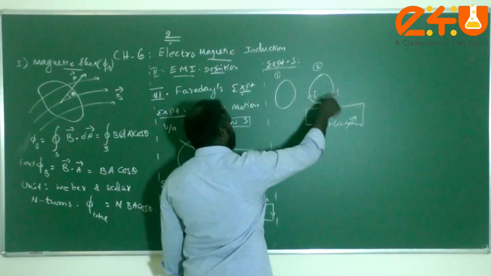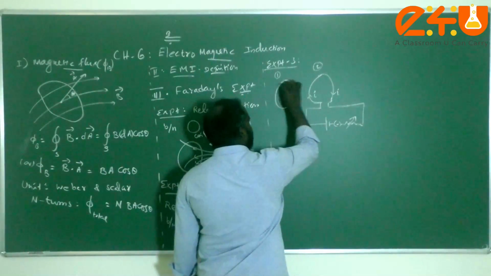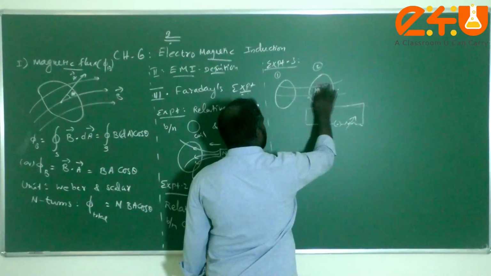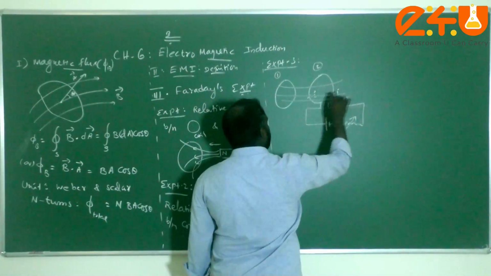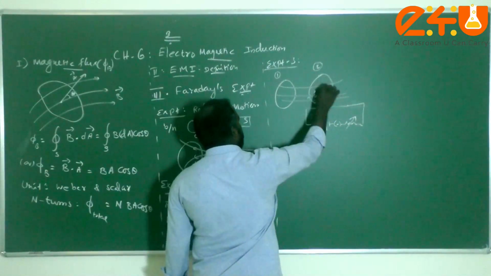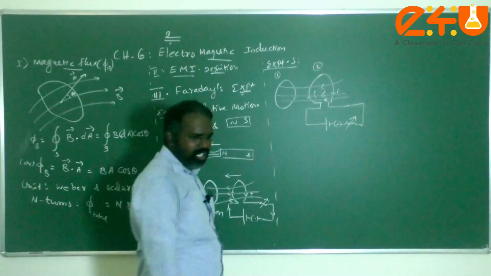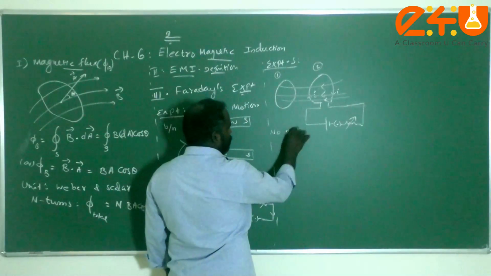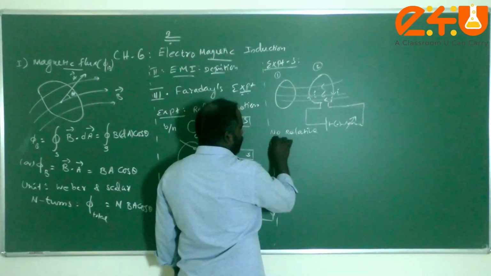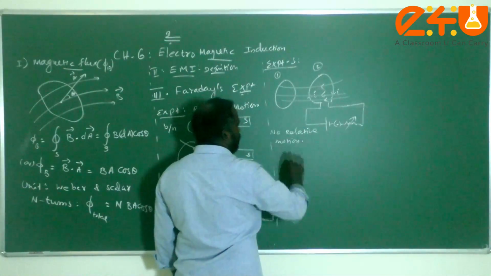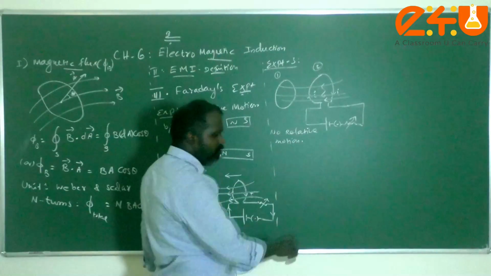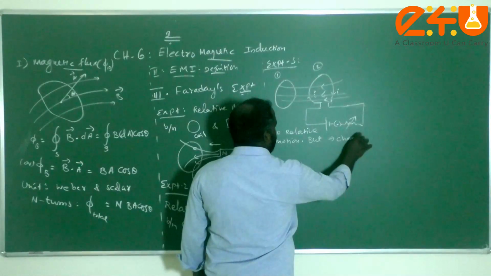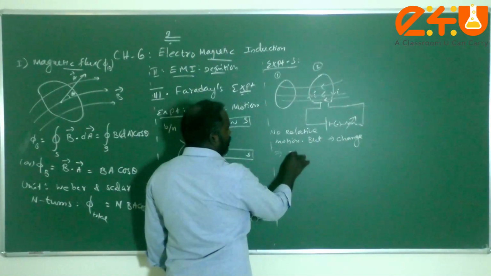So when the current changes in this coil, what will happen? The magnetic field produced by the current carrying loop also gets changed. So here there is no relative motion, but we are changing the current value.